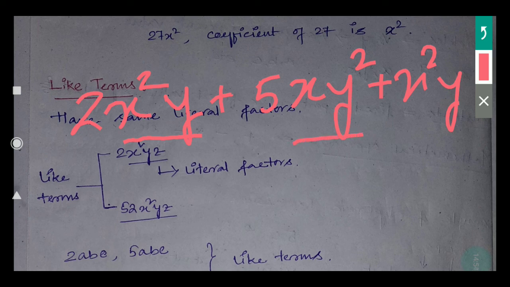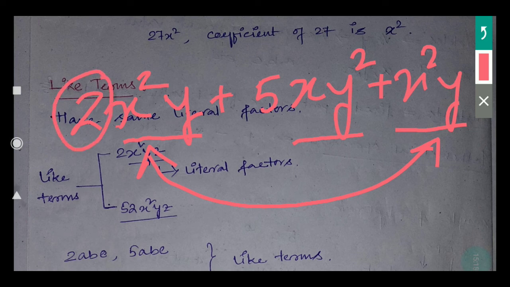Here it is given x y square: x is multiplied one time, y is multiplied two times. Here x square y, that means these two will be like terms.